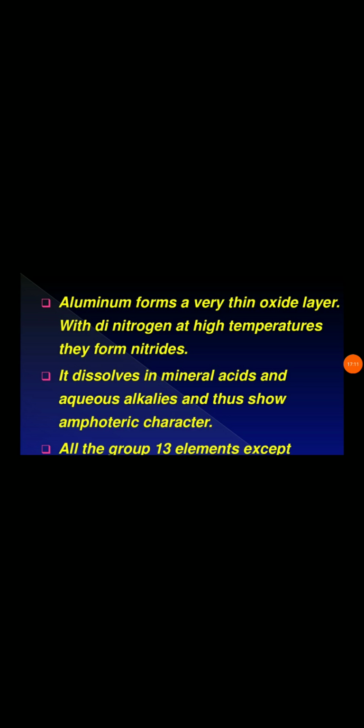And one more point: aluminium exhibits a diagonal relationship with silicon. The other group 13 elements do not. That means group 13 aluminium and the second element of group 14, that is silicon, both exhibit nearly the same properties.